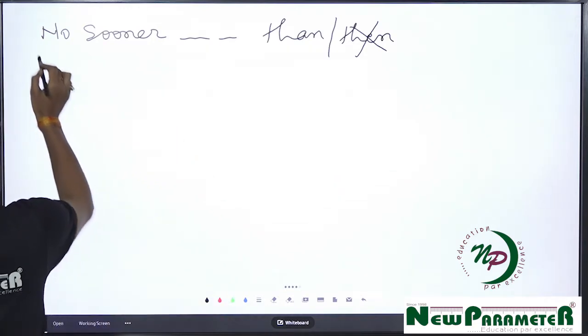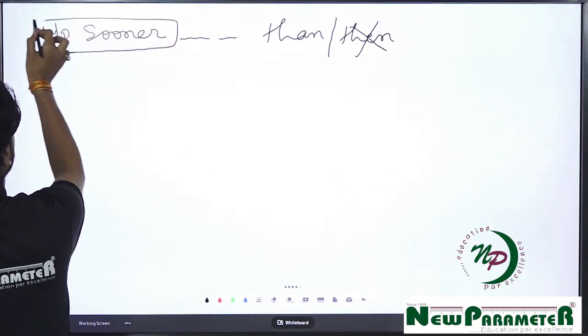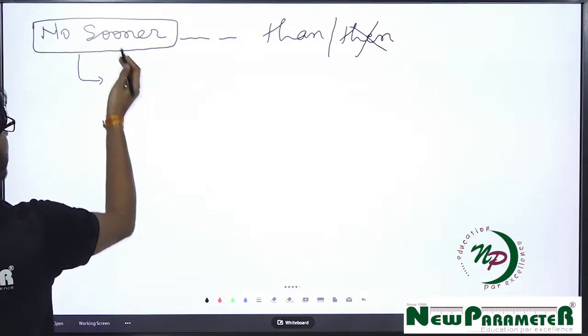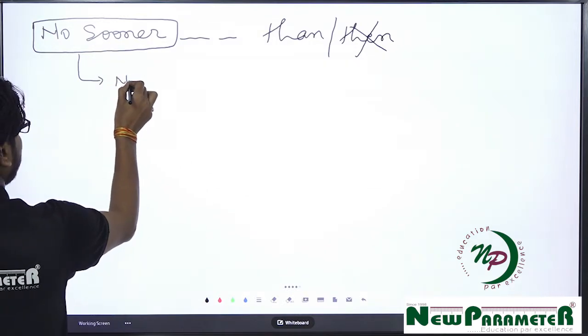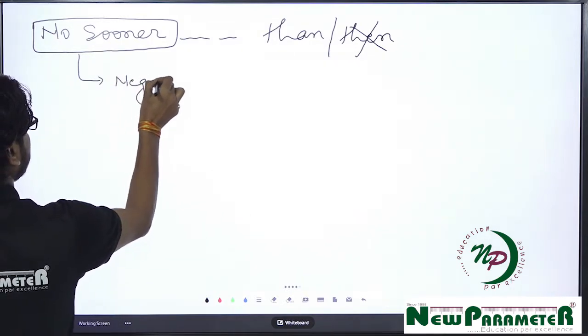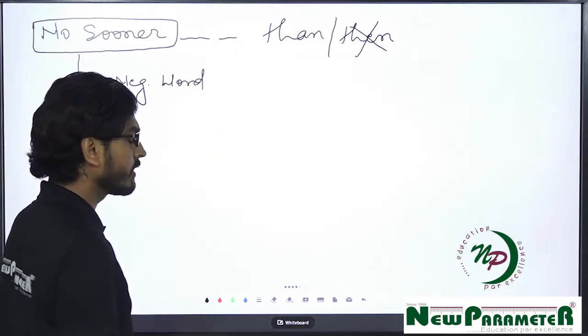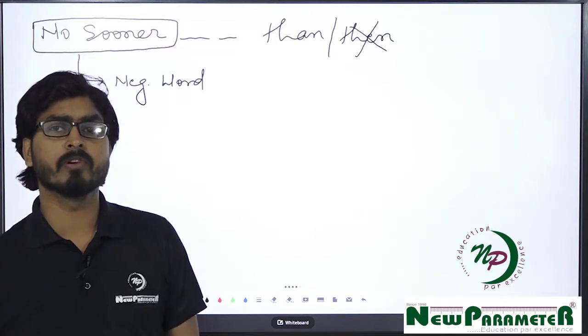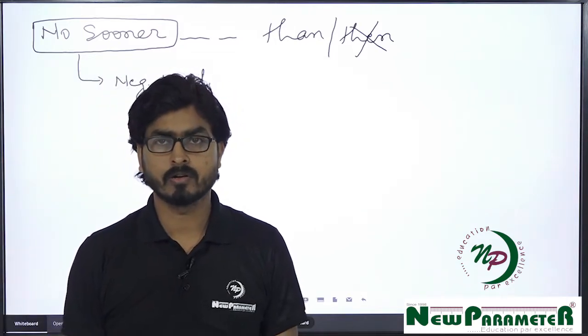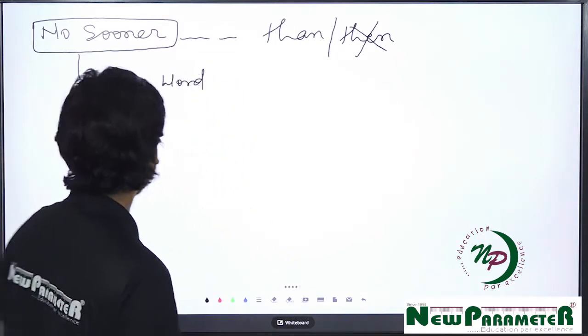So what is the quality of no sooner? Once again we'll see. According to this meaning, we see it very clearly. It's a negative word. Negative word means what? No other negative word is allowed in the clause of no sooner.